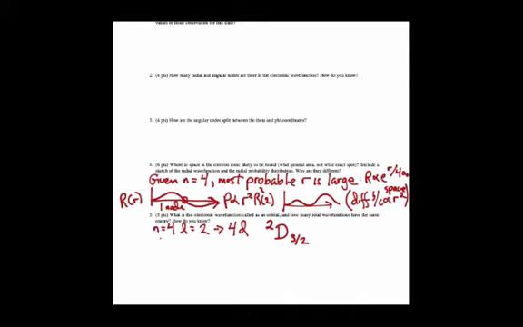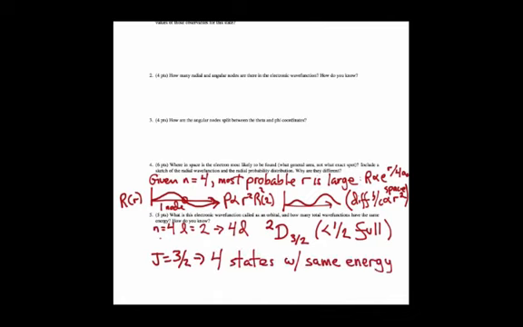I'm just picking the lowest energy because I asked the total number of wave functions with the exact same energy. And so that would be the 4D 3/2 because this is less than half full. We've only got a single electron. So J is equal to 3/2. 3/2 times 2 is 3, plus 1 is 4. So there are actually 4 states with really the same energy in this doublet D 3/2 term symbol.